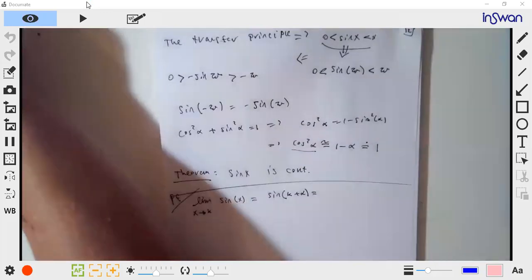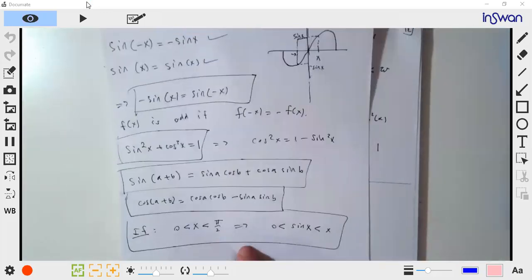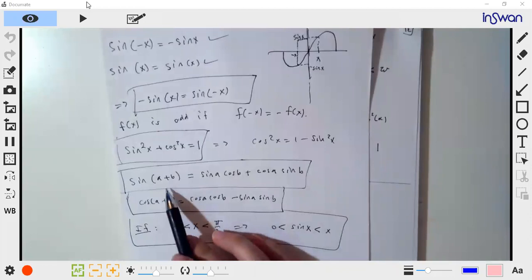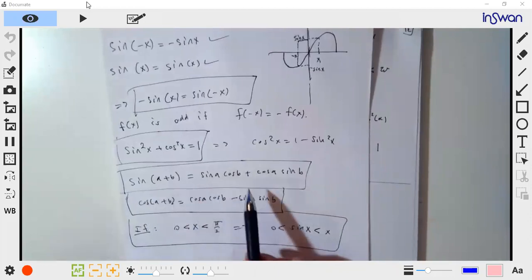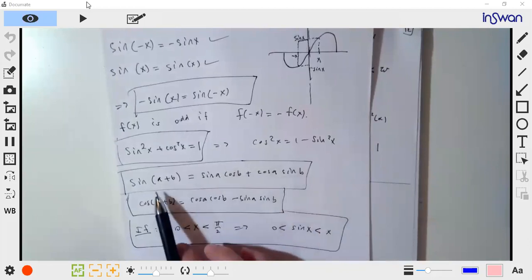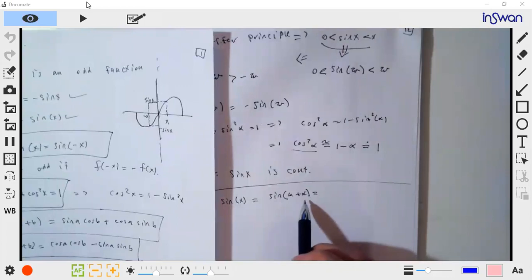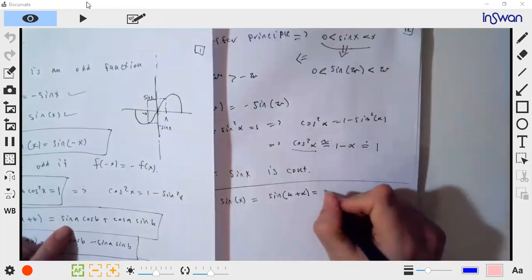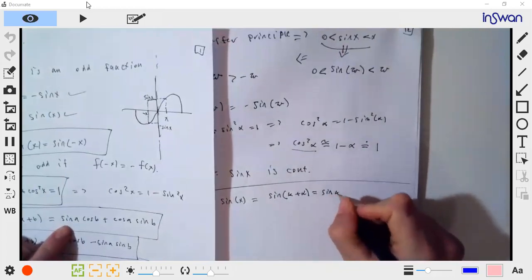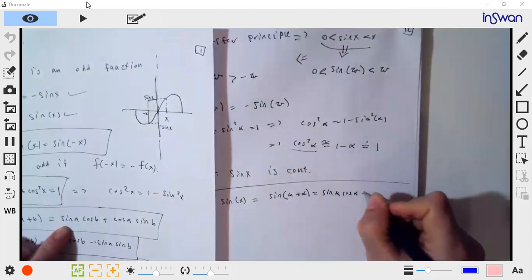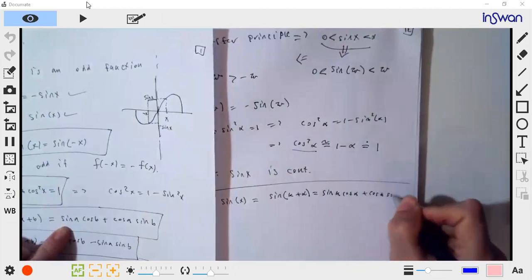If we look at our sum formula, sine of a plus b is equal to sine of a cosine of b plus cosine of a sine of b, where a is our k and b is our alpha. So we get sine of k cosine of alpha plus cosine of k sine alpha.